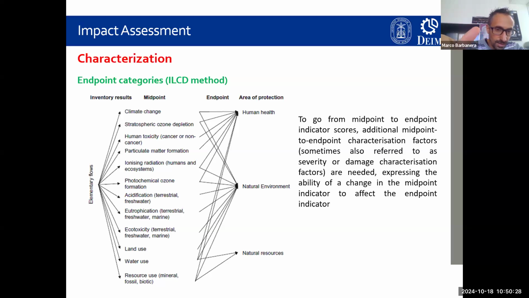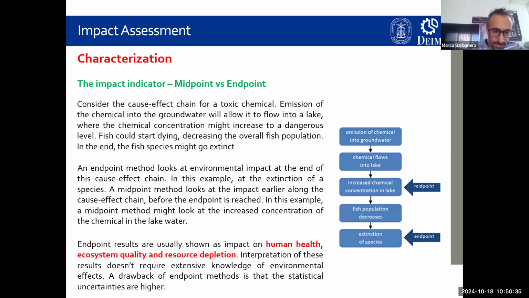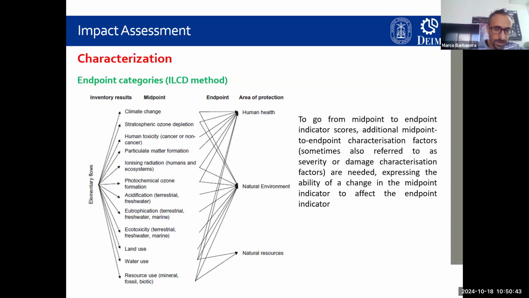In this case, the endpoint categories are named with different names. Previously, we have said that typically the endpoint impact categories are called human health, ecosystem quality, and resource depletion. Here in this method, the three endpoint impact categories are called human health, natural environment, and natural resources, but the meaning is the same.